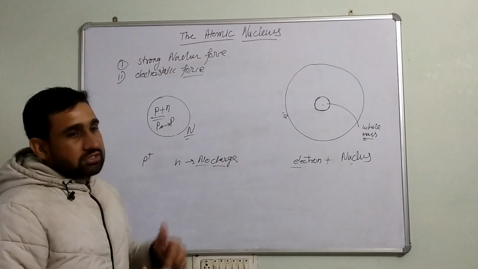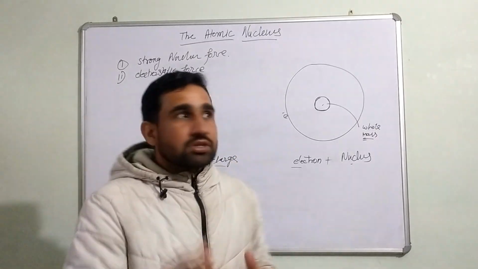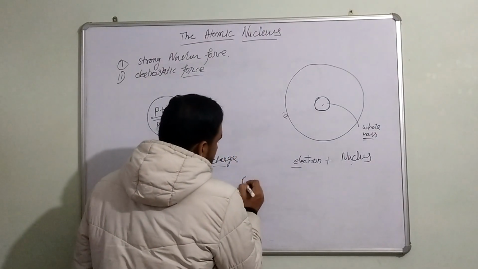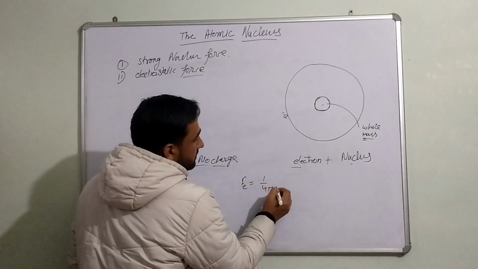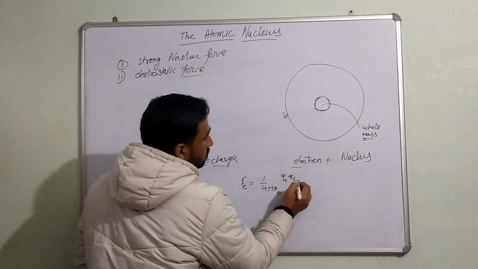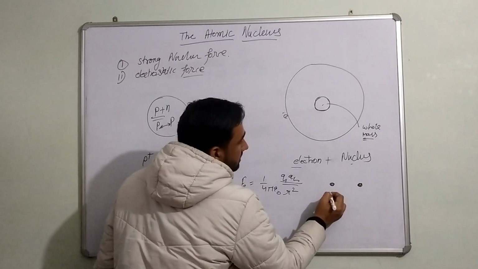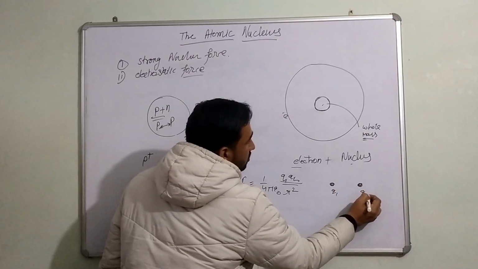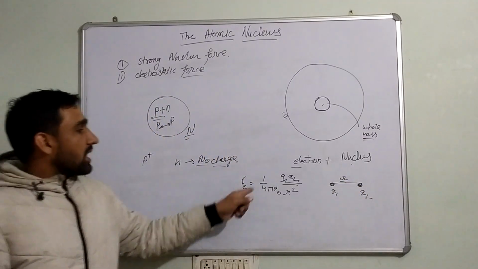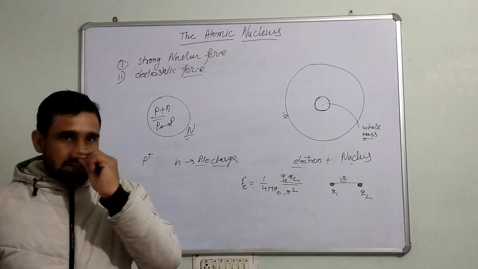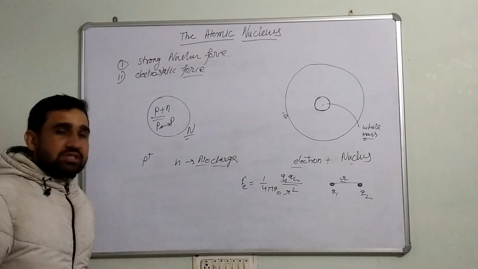Electrostatic force, what is the electrostatic force? Electrostatic force is the force between charged particles according to Coulomb's law. The electrostatic force is given by 1 by 4 pi epsilon naught q1 q2 by r square, where if we consider two charges, this is charge q1, this is q2, and there is a distance r between them. Then the electrostatic force is given by 1 by 4 pi epsilon naught times the product of the charges, and is inversely proportional to the square of the distance between them.